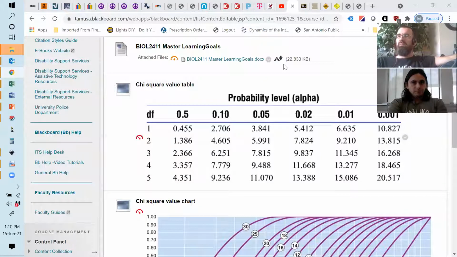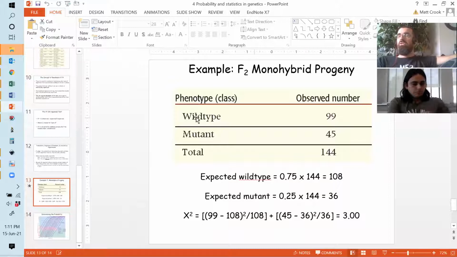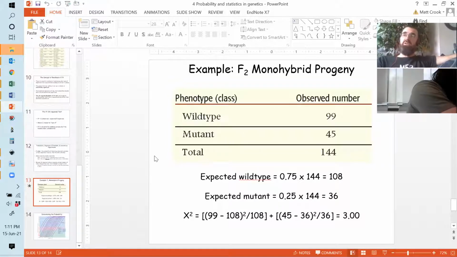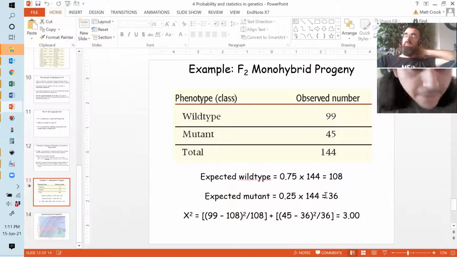Let's put the chat up, see if I missed anything. Oh, dominant versus recessive, doesn't matter. So in the example here, you could just use the words wild type and mutant, or normal versus abnormal. But based on your expectations, where you expect 3/4 to be wild type or normal and 1/4 to be mutant or abnormal, that's how you work out your expected numbers.